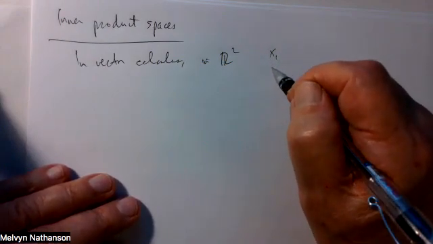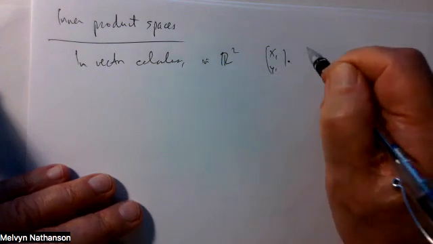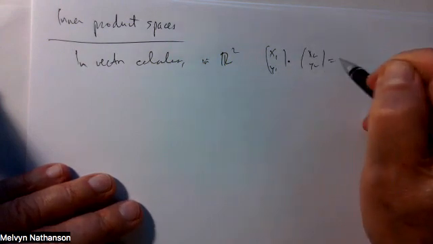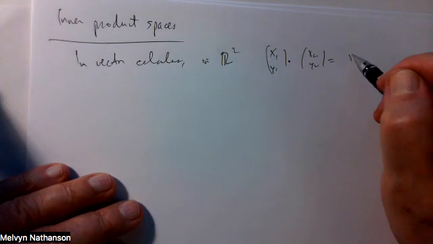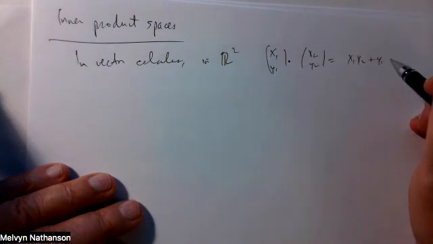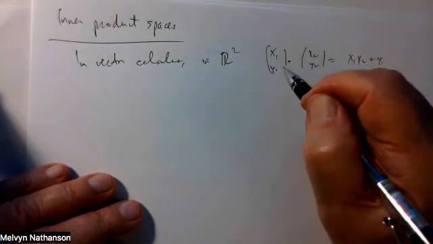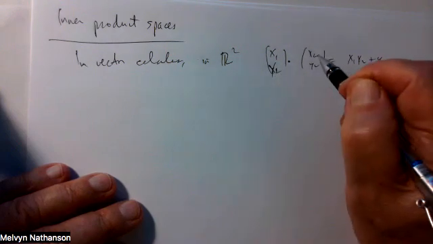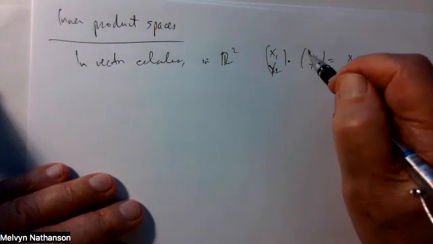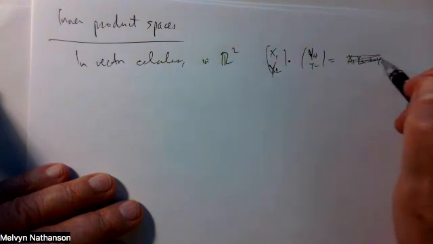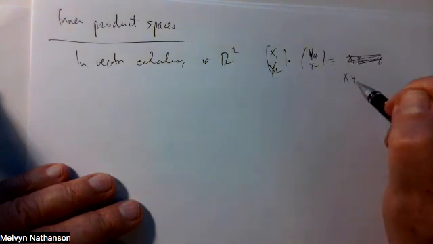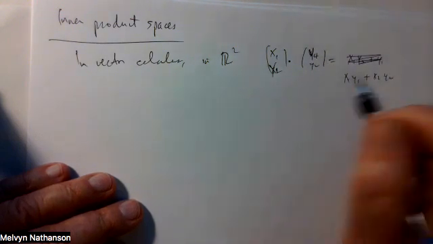So if you take (x1, y1) dot (x2, y2), this is the scalar x1 x2 plus y1 y2.